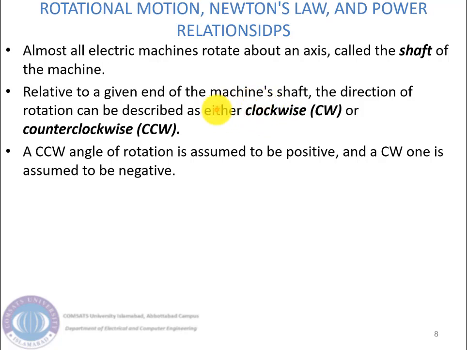In this course of study, the counterclockwise angle of rotation is assumed to be positive and clockwise is assumed to be negative. This is just a relative motion that will show us that if we get a negative sign somewhere, it means our motor is rotating in the clockwise direction.